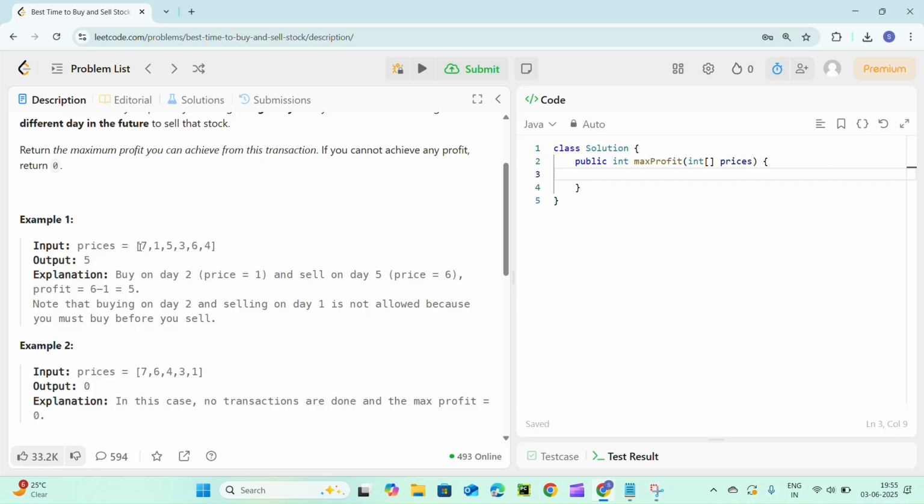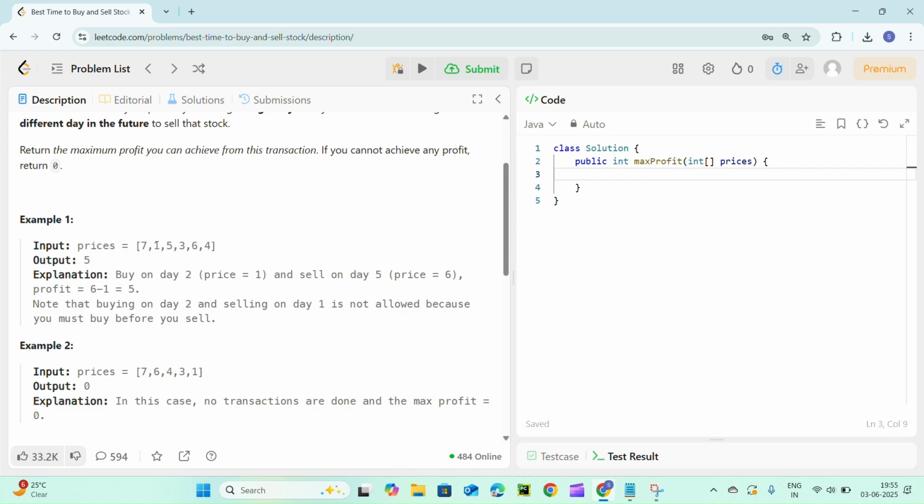For that, first we need to select the minimum amount from the array, because first we are buying. Here 6 elements are there, so we have 6 chances to select the buying day. I can select by finding the minimum value from this array, that is 1. So I can buy the stock for 1 rupee.